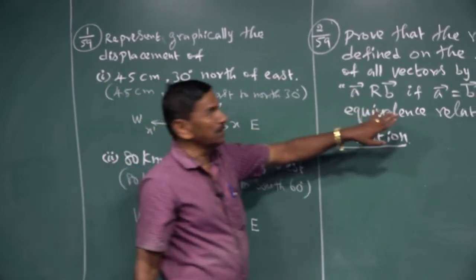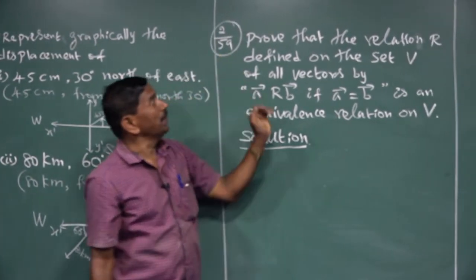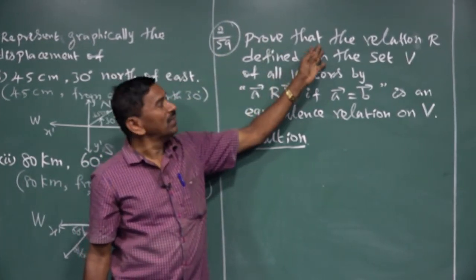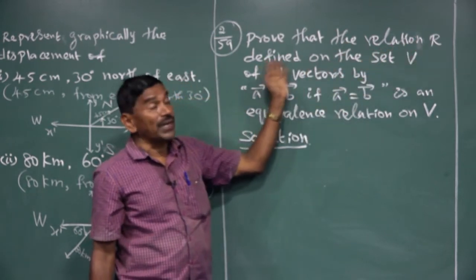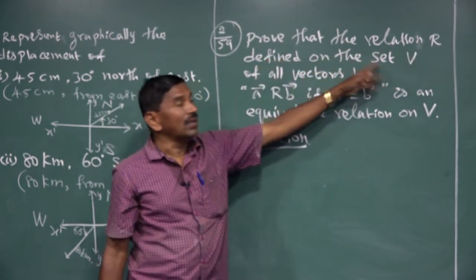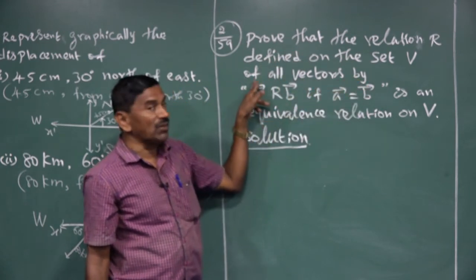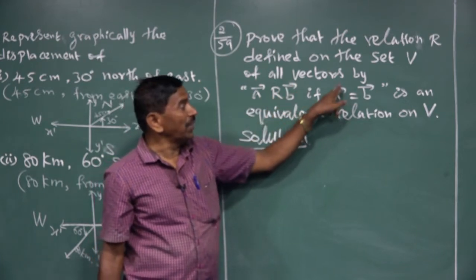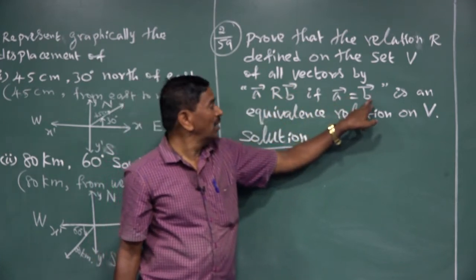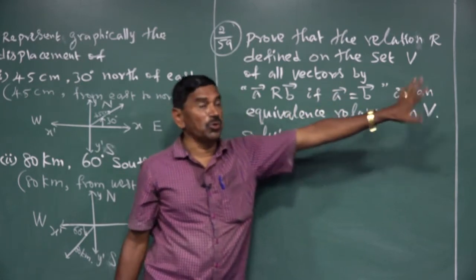Come to the next question. Second question from exercise 8.1, page number 59. Prove that the relation capital R defined on the set V of all vectors by A vector is related to B vector if A vector is equal to B vector is an equivalence relation on V. We want to prove that.